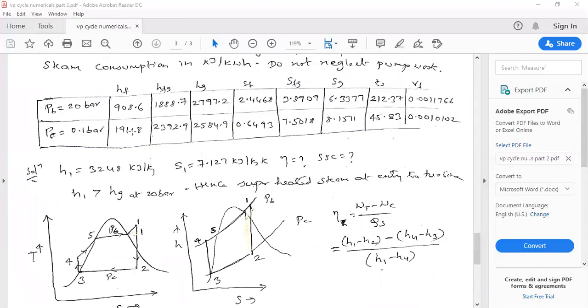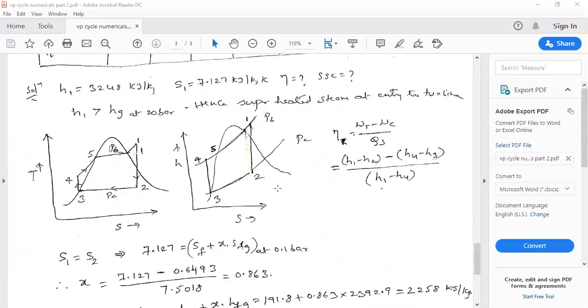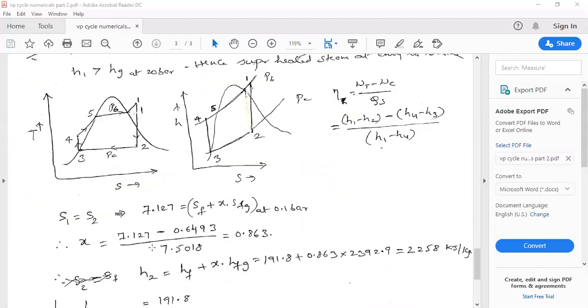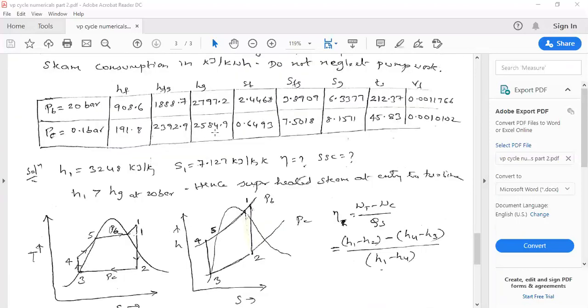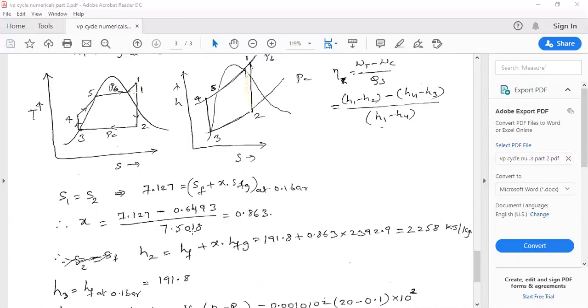What is SF at 0.1 bar pressure? 0.6493, divided by SFG at 0.1 bar pressure, which is 7.5018. From this, get the value of the dryness fraction at point 2. Once you get the dryness fraction, obtain the value of enthalpy at point 2, H2.